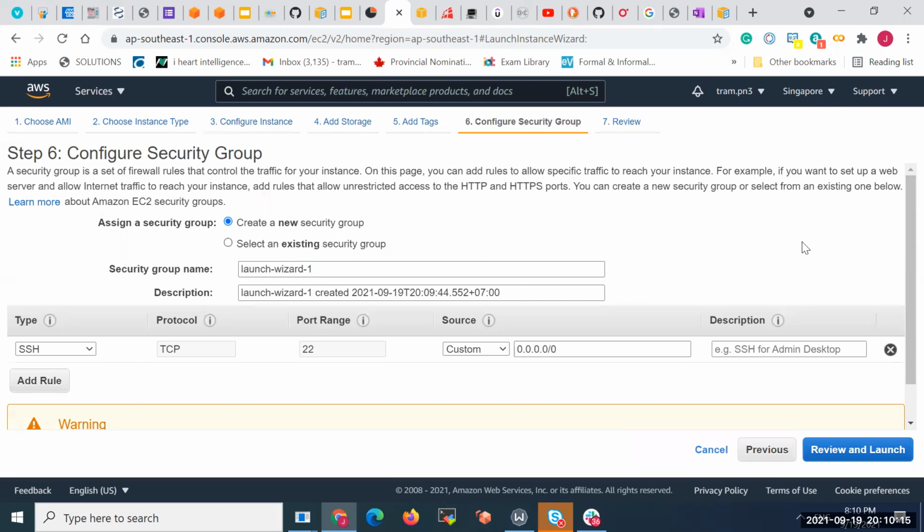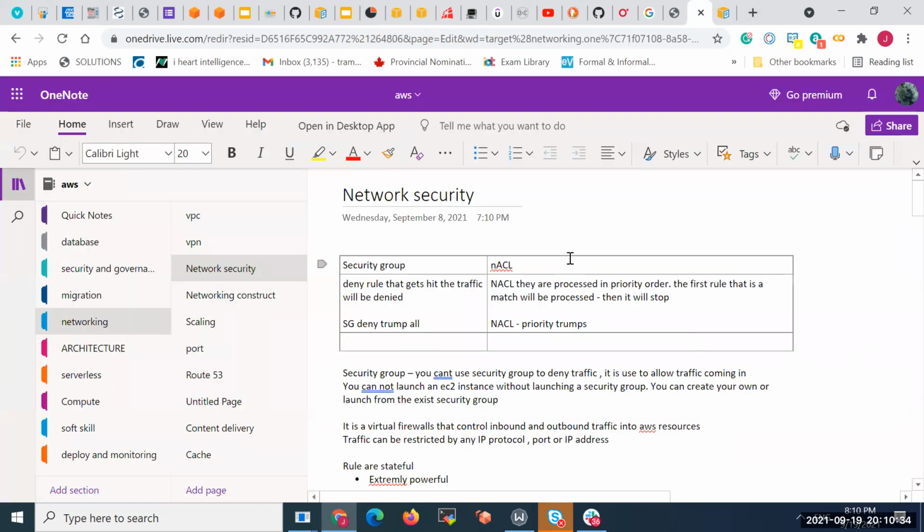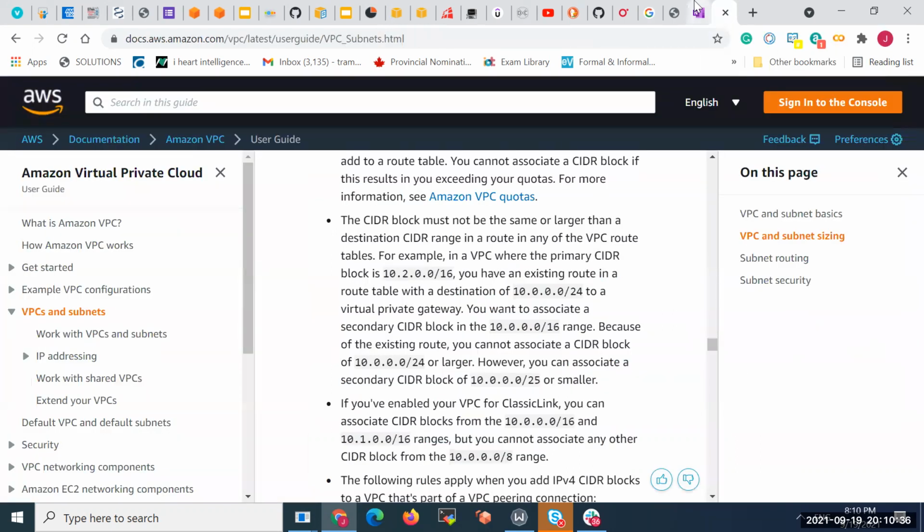But I remember from the documentation that it is not possible. So when you create an instance, you need to configure the security group. And when you write a rule like this, that means your instance is allowed to access everything from the internet. Right. Okay, so yeah. Go back to this.